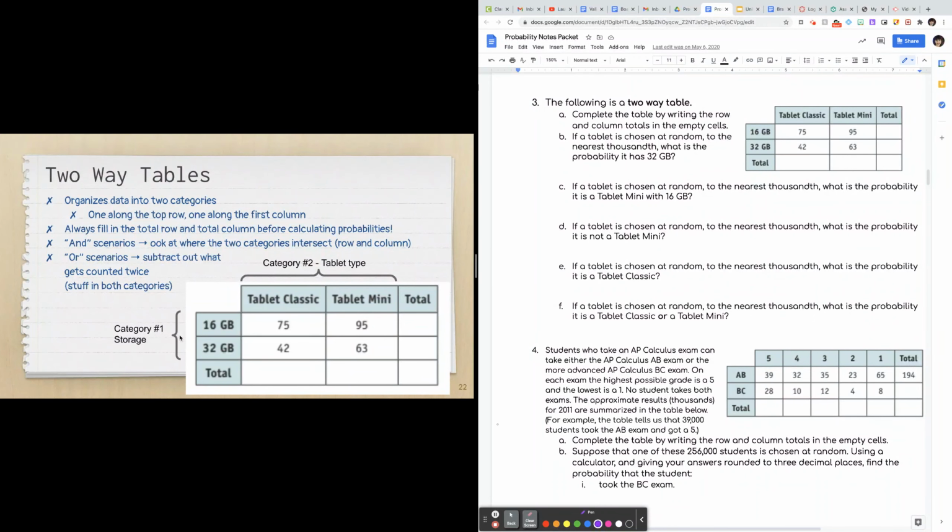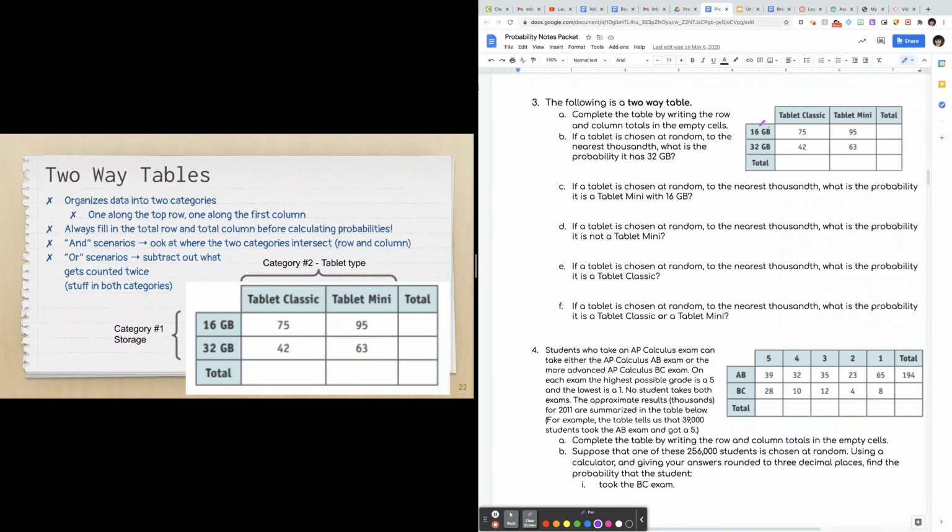So the tablet type is one category, and the amount of storage that the tablet has is the other category. Okay, so the first thing that you should always do when you're doing a two-way table is to fill in the totals for each row and each column. It'll make the rest of the problem a lot easier if they don't fill that in for you already.